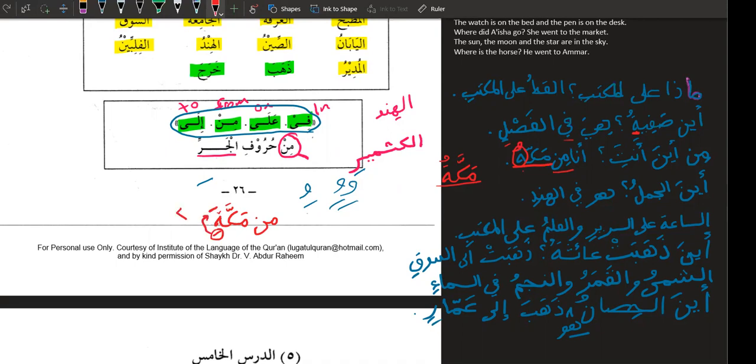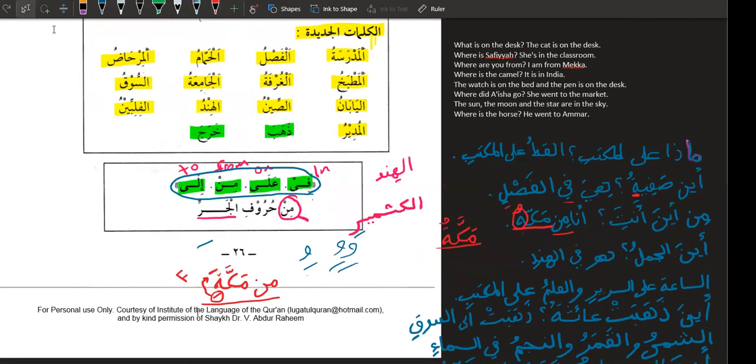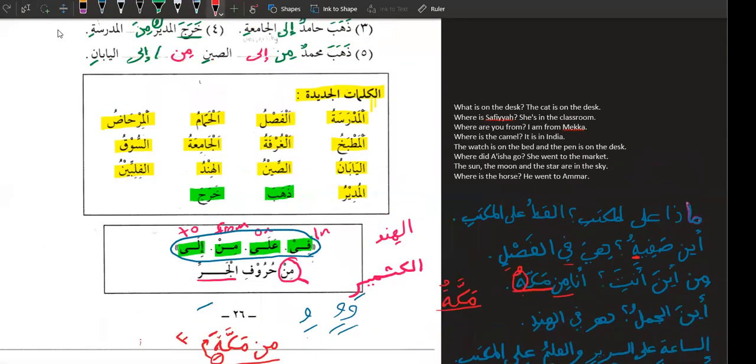Because it is a feminine name. There are lots of other words that take a fatha instead of a kasra for different reasons, but we get to that at the end of the book. So if it's a feminine name, for example, we would say ذهبت عائشة إلى فاطمة. Aisha went إلى to فاطمة. So Aisha went to Fatima.